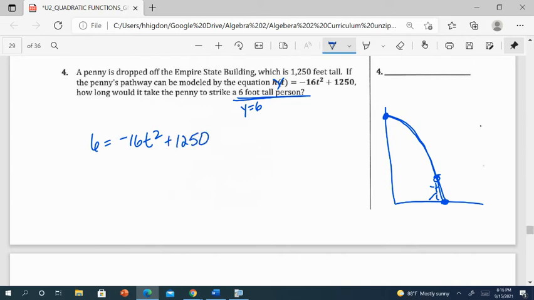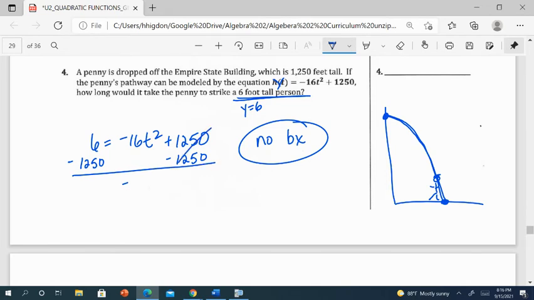Now, the nice thing about this equation is if you think back to how we solve quadratics, there's no bx on this one. So we're going to use square roots. I'm going to subtract the 1,250, because when we solve by using square roots, remember you have to get the x squared, or in this case the t squared, by itself.